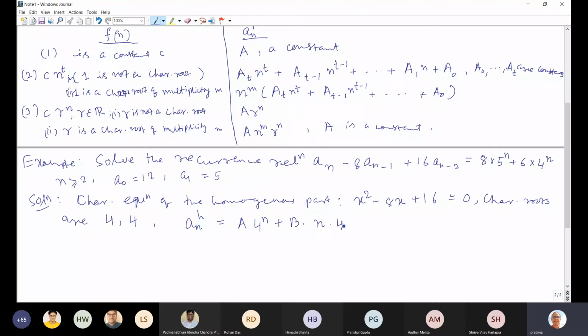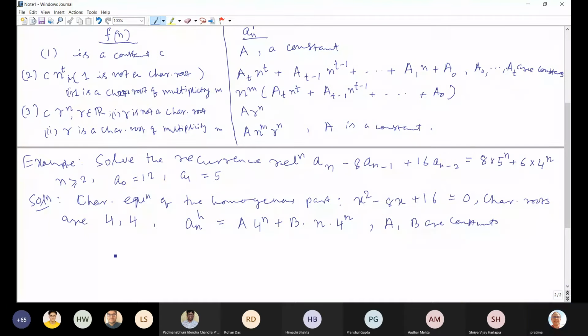This is because the multiplicity is 2. A and B are constants that we shall determine at the end.